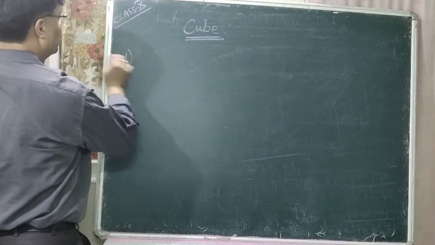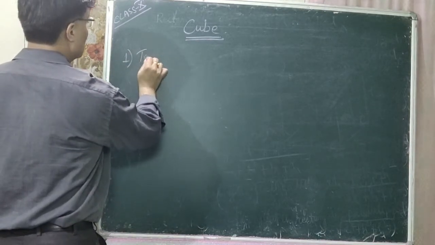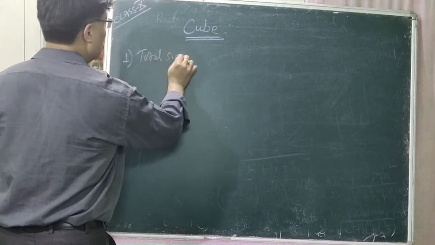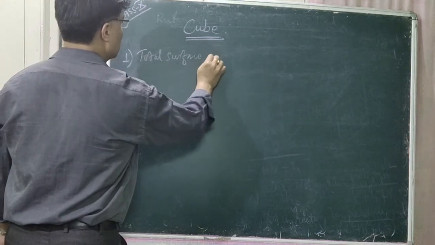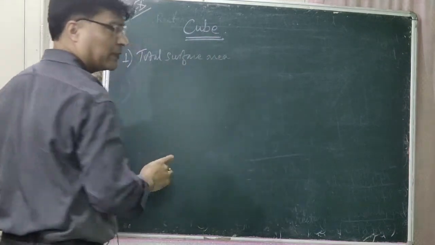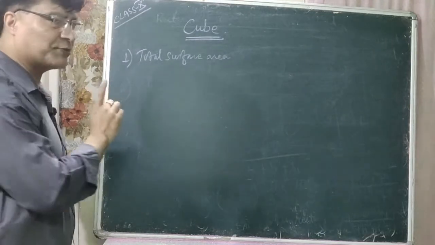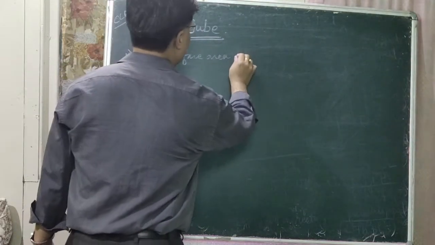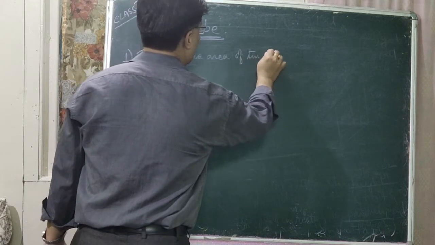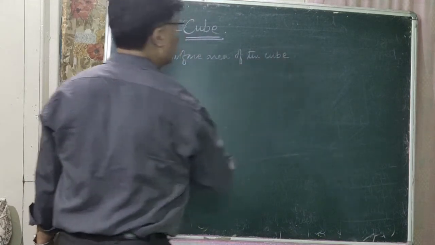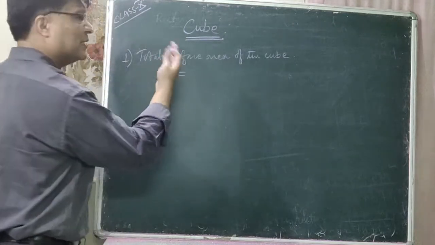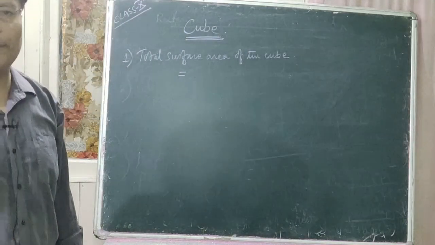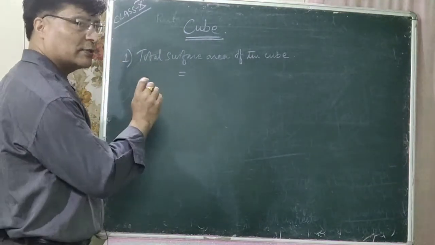Number 1, total surface area. एकछिन नलेख्नु है ल, तिमीले just try to understand it. म जुन चाहिँ लेख्नु भन्छु अन्त मात्रै लेख्नु. Total surface area of the cube is equal to, we can derive it from the formula of rectangular parallelepiped.